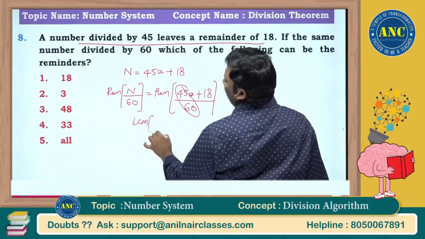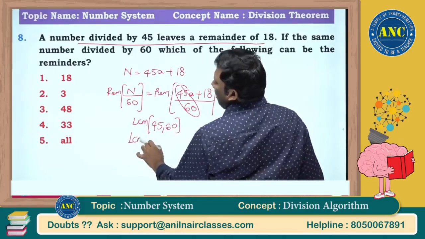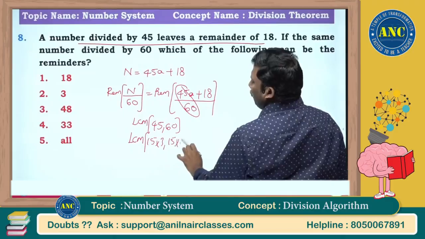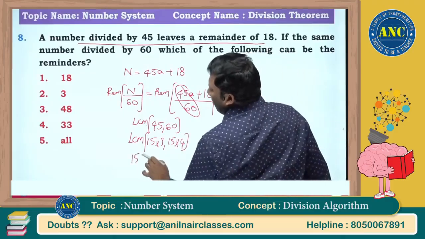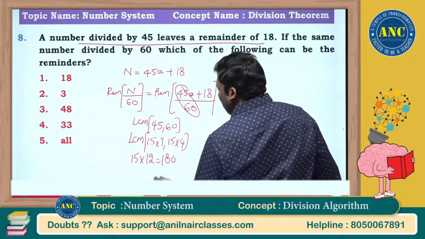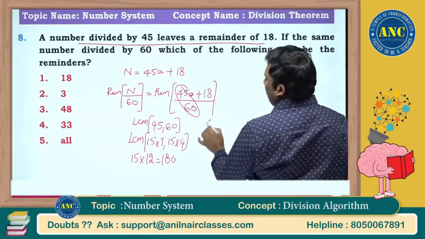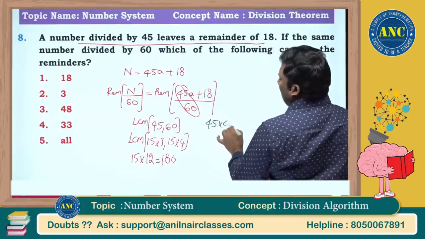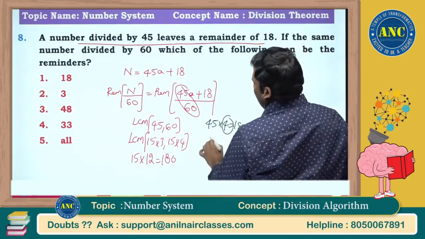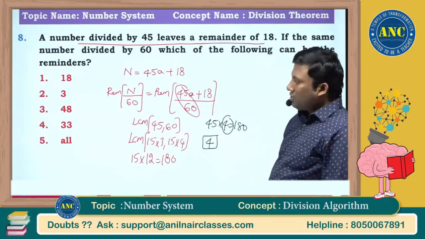So LCM of 45 comma 60: 15 into 3 comma 15 into 4. 15 is a common multiple, and 3 and 4 are co-primes. 15 20s are 180. 45 goes how many times in 180? 4 times. So what will be the answer? There will be 4 possible remainders.